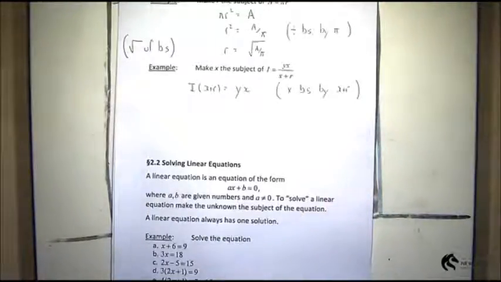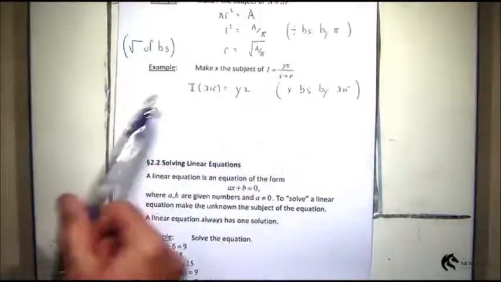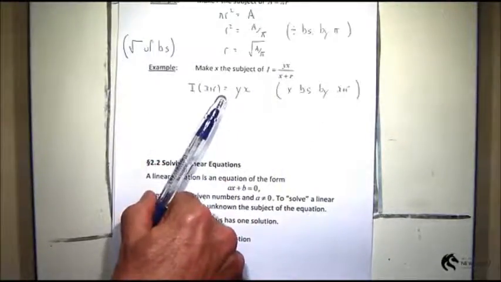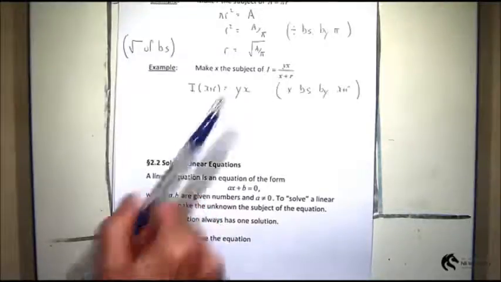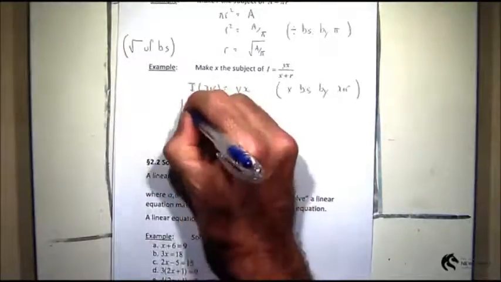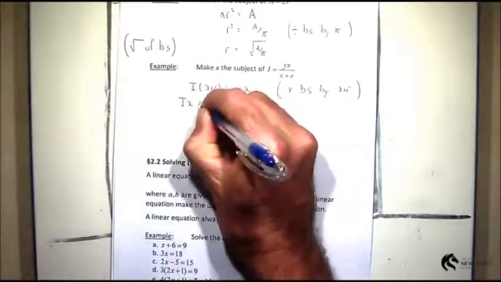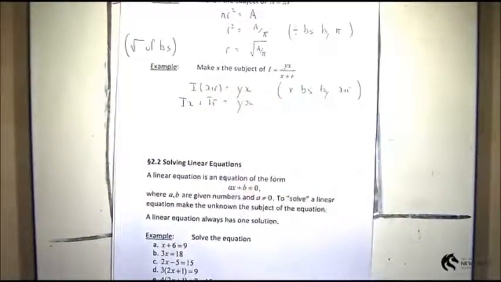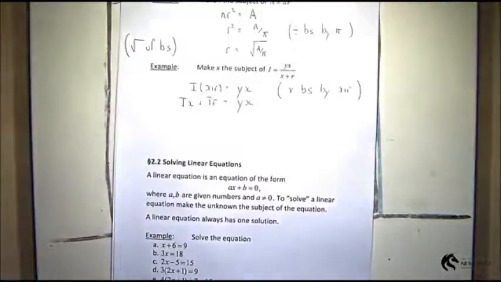Now I want to get all the terms involving x on the left-hand side, but x is in this bracket here. So I have to expand out the grouping symbols if you like. So here I'll multiply this out and I'll have ix plus ir is equal to yx. Now I can put all the terms involving x on the left-hand side.